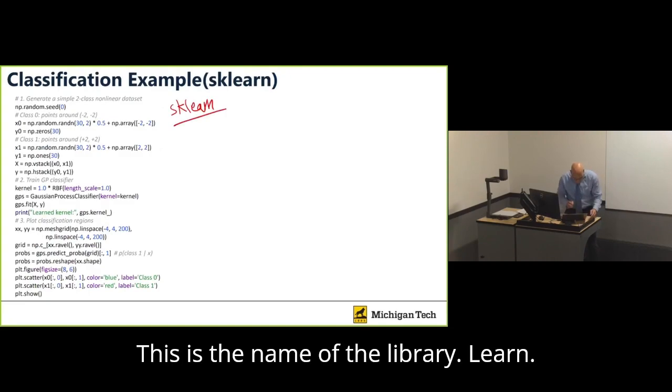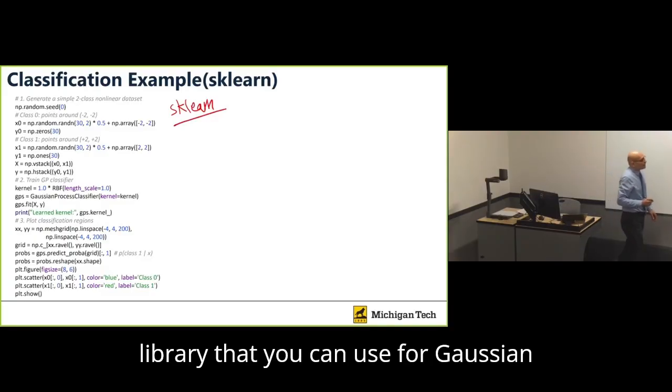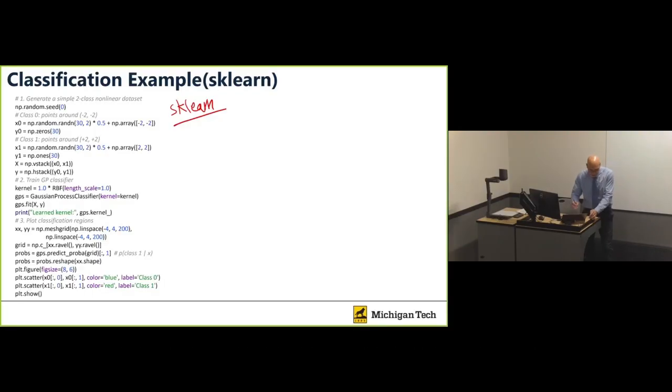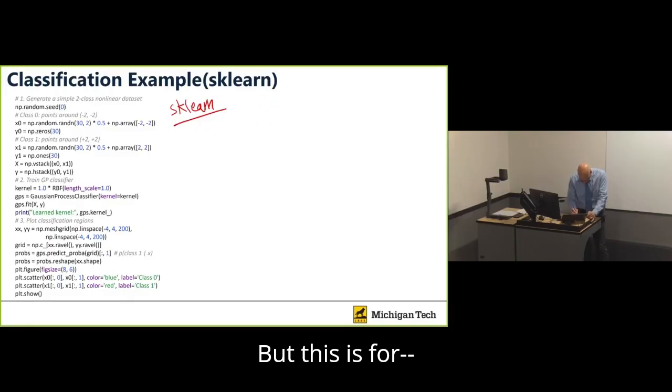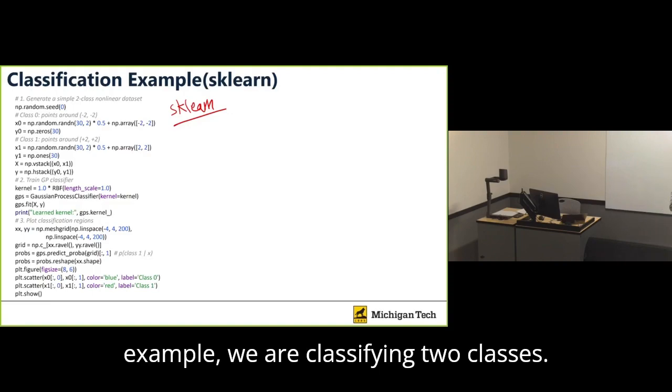This is the name of the library, learn. It's the name of the library that you can use for Gaussian process. However, there is another one, GPY. This is another one, but sklearn is more popular.